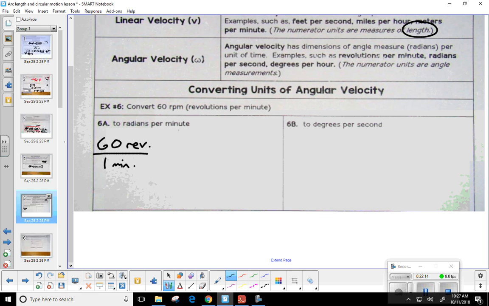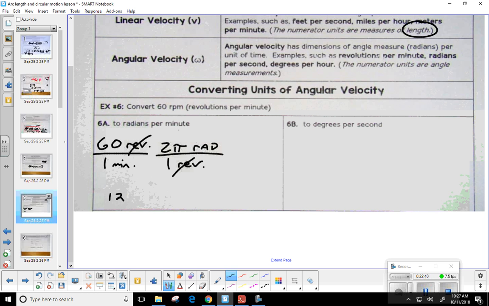That's in fact what you're going to get as a final answer. But the ratio, aren't there 2 pi radians in 1 revolution? Yeah, we want radians per minute, so I need to know what the conversion is. There's 2 pi radians in 1 revolution. So see, those revolutions now cancel like we saw the previous units cancel. And that's where we got the 120 pi.